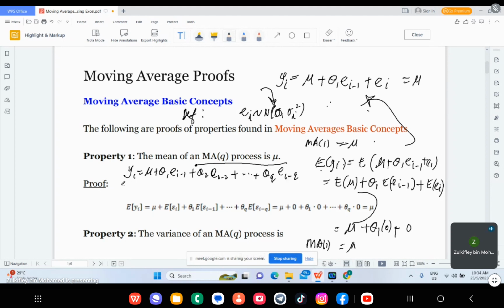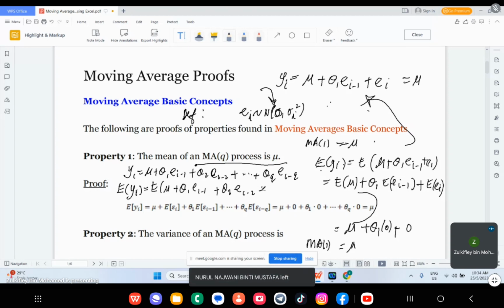If we put E here, it means expectation. To find the mean, we put expectation of YI equal to expectation of the whole thing here.